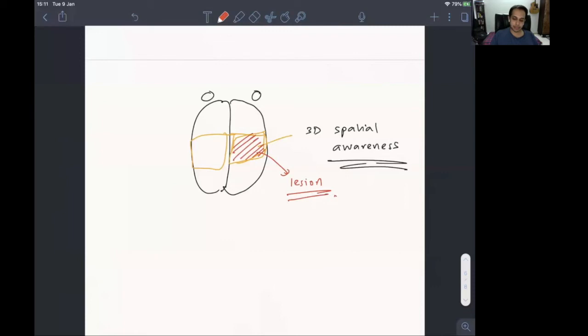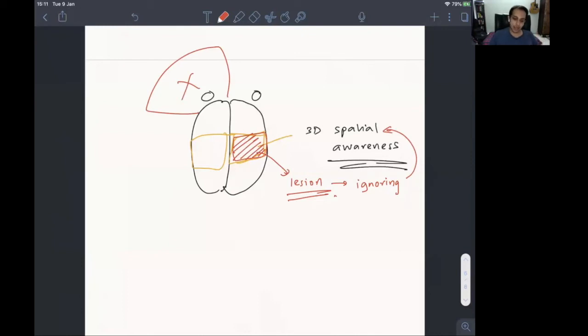Now, we discussed this yesterday in our higher mental function. If there is a right parietal lobe lesion, the parietal lobe will simply start ignoring three-dimensional space on the opposite side. So for this person, the left side of the world doesn't exist.